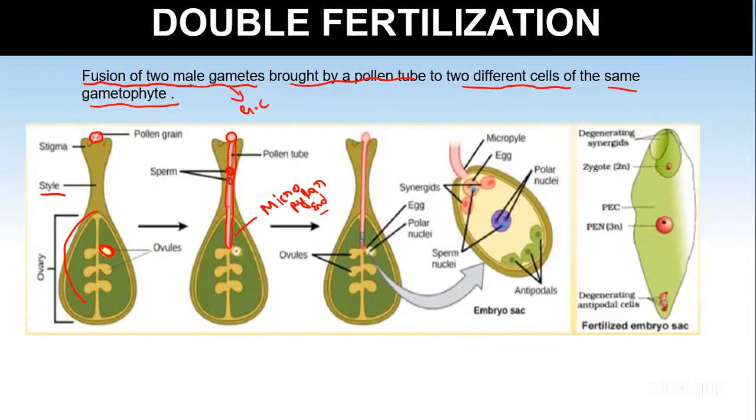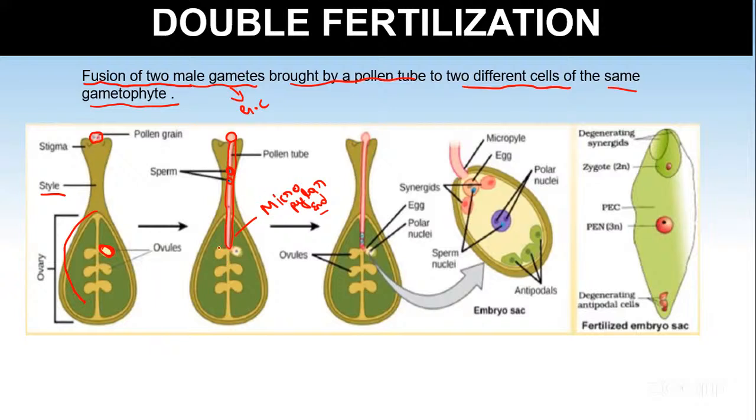For double fertilization, in most angiosperms we require the three cell stage, that is one vegetative cell and two generative cells, totally three cells. Sometimes if it is shed at the two cell stage, the generative cell will again undergo mitosis during pollen tube formation. Okay, remember that. Now we have the two male gametes here.